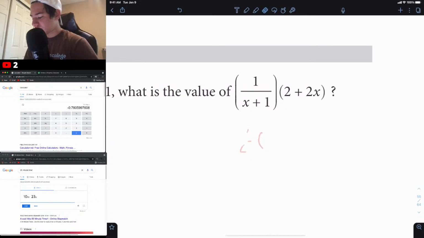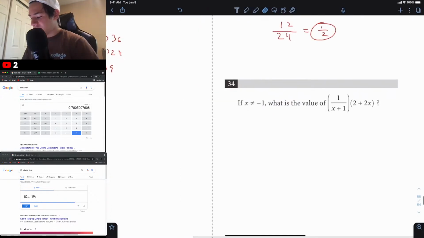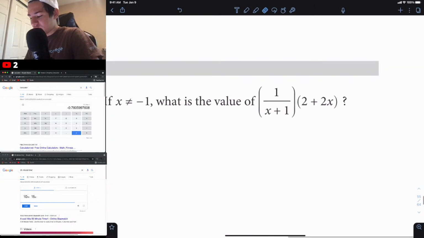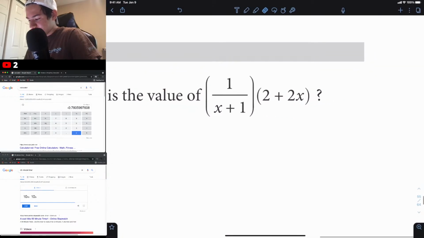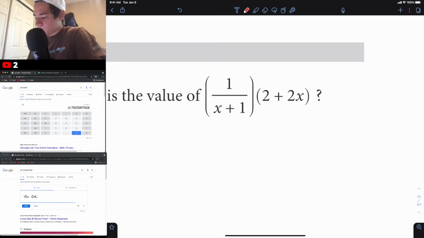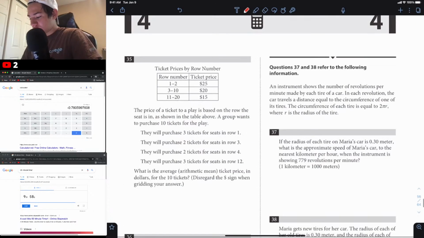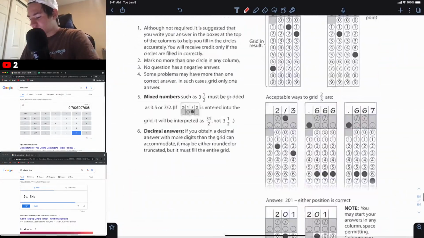Huh, this is really weird. If x does not equal -1, okay, sure, x cannot equal -1. Moving on, I guess. I don't know. We might have to come back to that one. We have to come back to a lot of them.